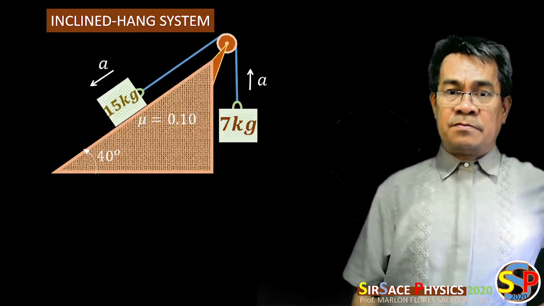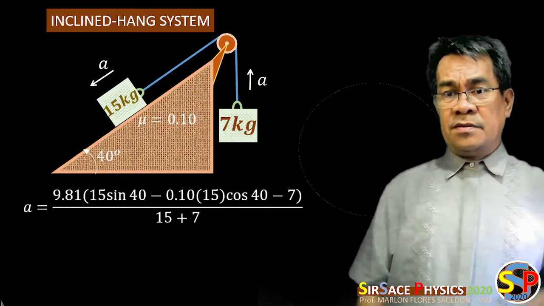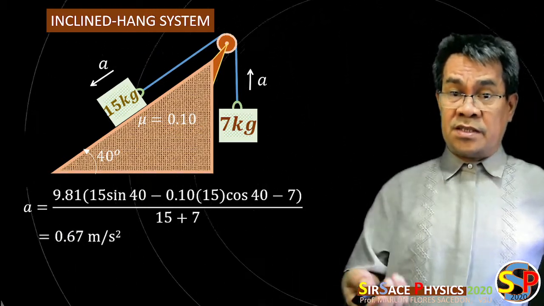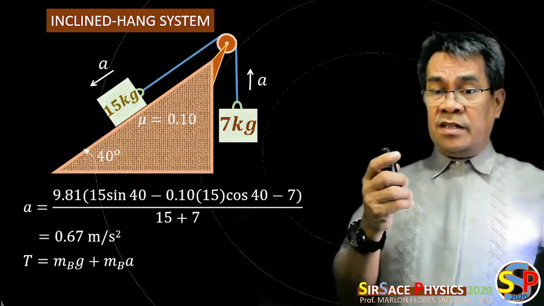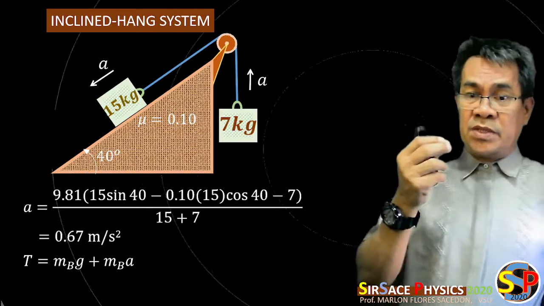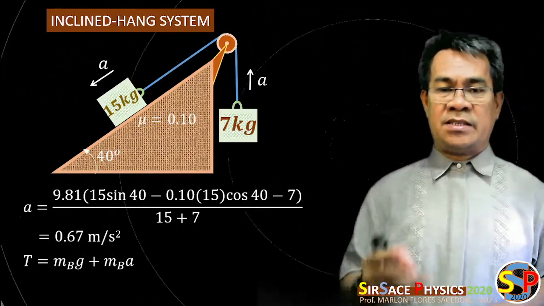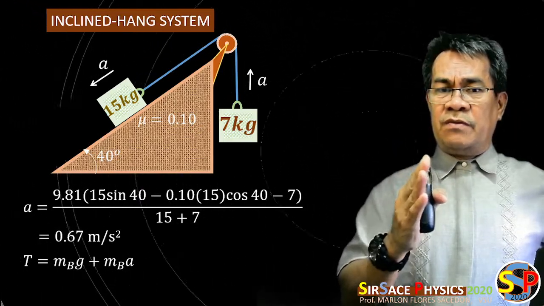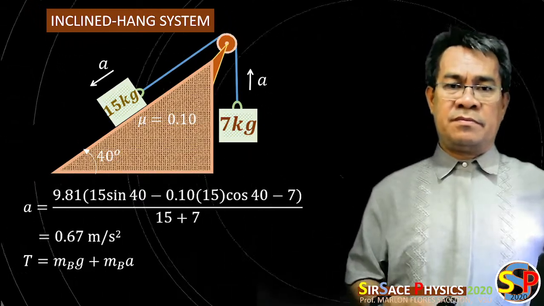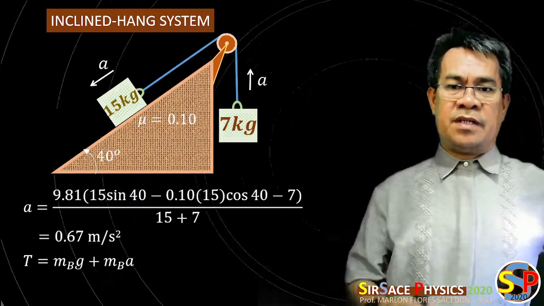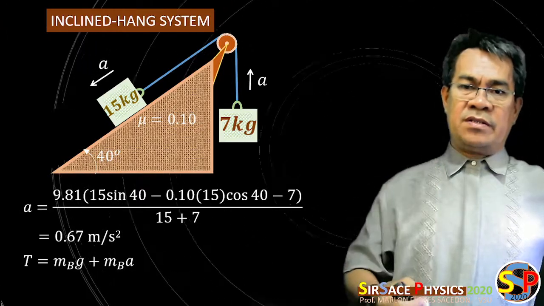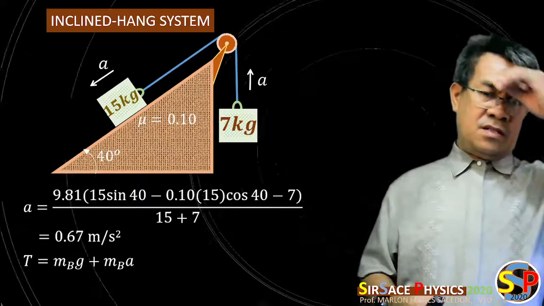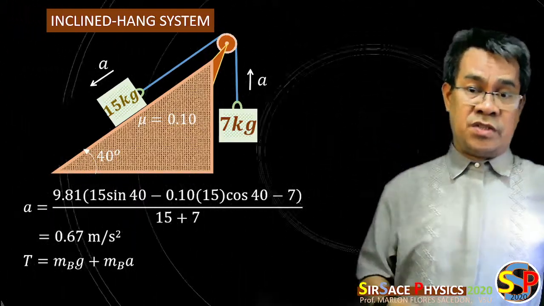Okay, so we have this. Now for the tension, we will be using plus, because take note that in order for the 7 kilogram object to move upward, we need to overcome the weight and also the net external force of the object in order to solve for the tension in the cord.